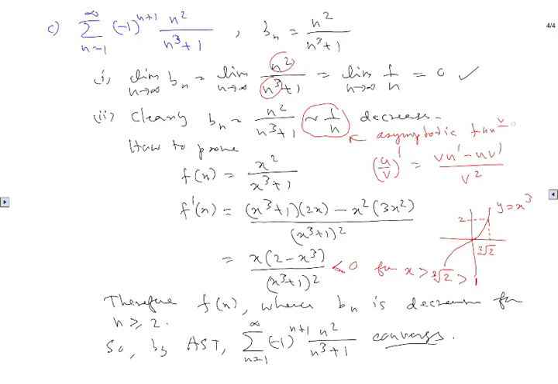Just write the asymptotic function that you get by considering the largest terms of the numerator and denominator. That's going to tell you that it looks like 1 over n, but 1 over n is a decreasing function, so Bn has to decrease eventually, not at the beginning, but for large n.